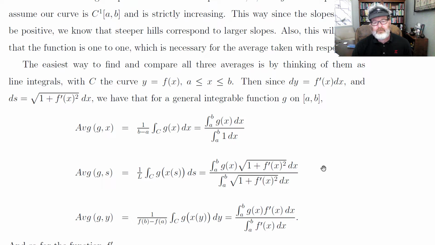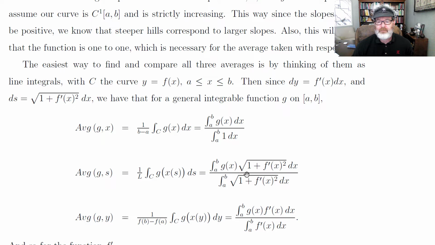And I also considered if you take points equally spaced vertically, along the y-axis, so that would be the average value of g. Again, it's another line integral. dy is f prime dx, and ds is this.